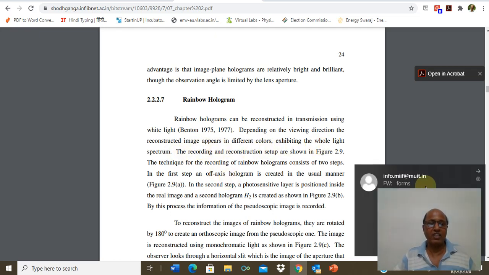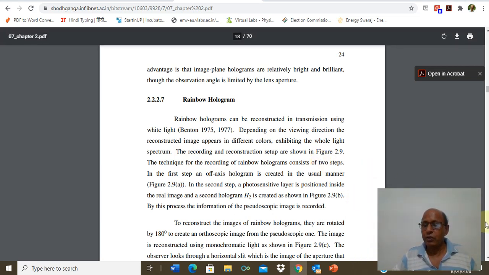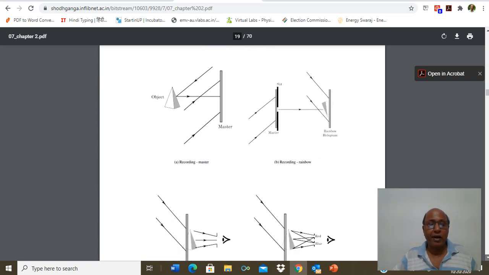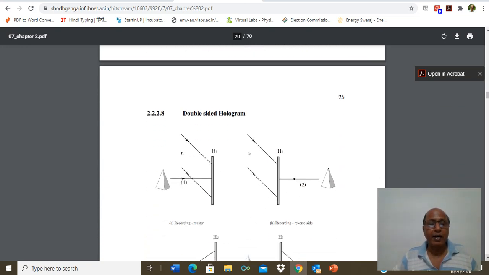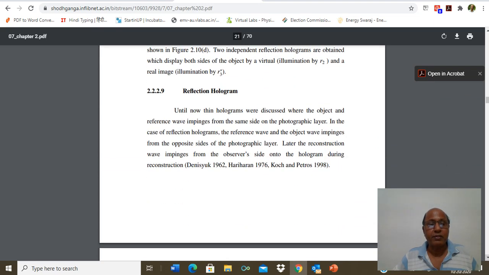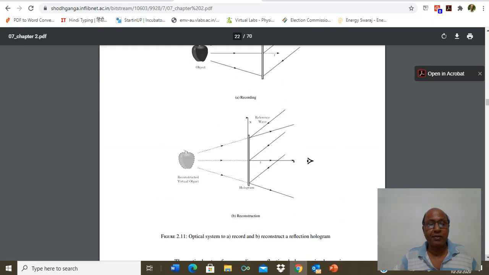You will get different colors. So this was about the rainbow hologram, and similarly there is a double-sided hologram, there is a reflection hologram.